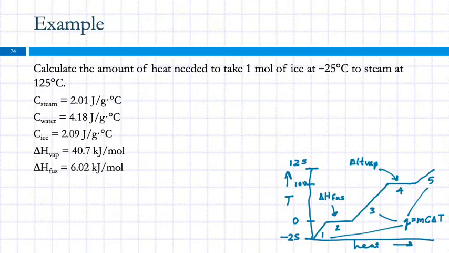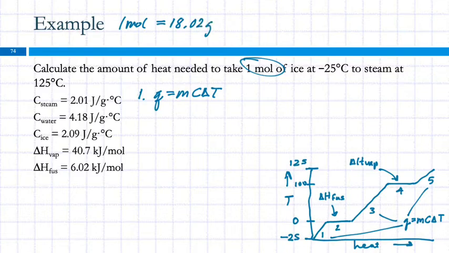So the first line segment, we have ice going from minus 25 to 0 degrees. Q equals mc delta T. We're talking about 1 mole of ice, which is equal to 18.02 grams.